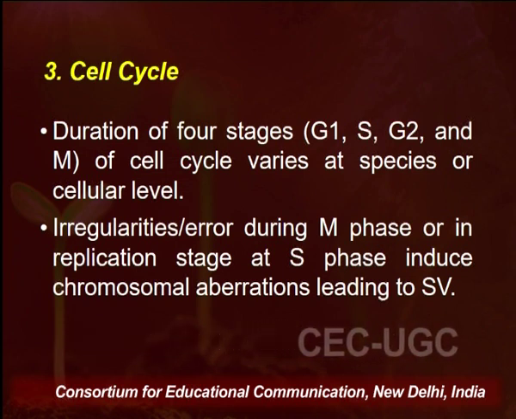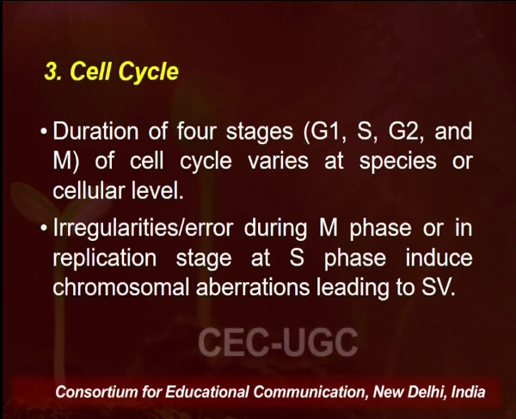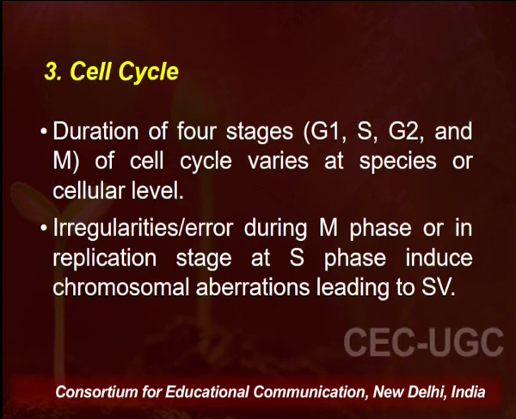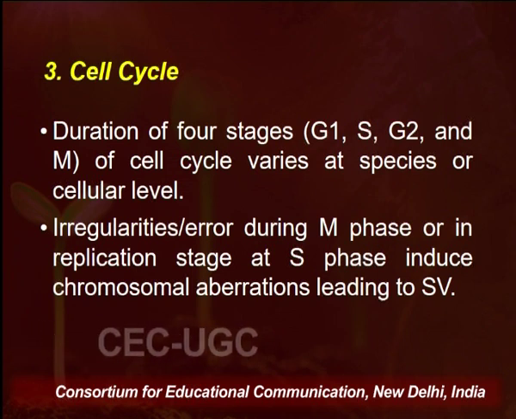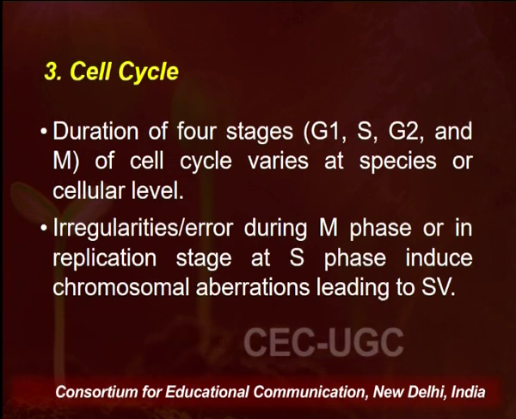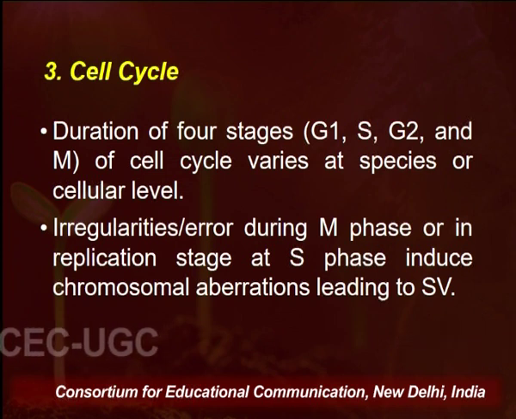And therefore, irregularities or errors during any of these phases have been shown to cause somaclonal variations. Various studies have shown that any kind of error specifically during the M phase or in the replication stage, that is the S phase, induces chromosomal aberrations that eventually lead to somaclonal variations.